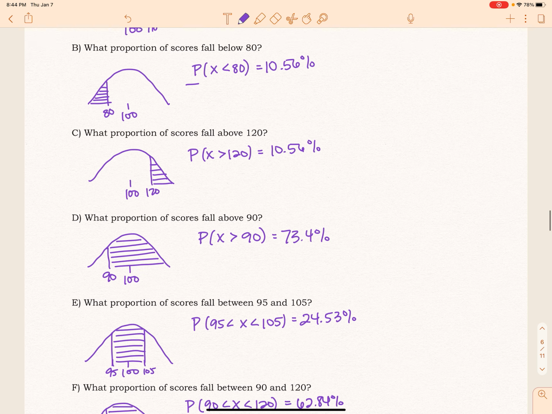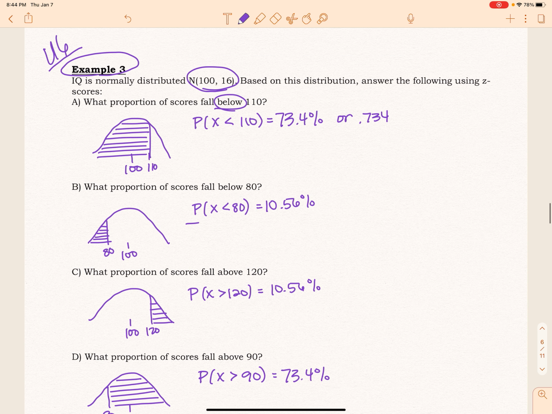Okay, that's about as easy as these problems are ever going to be. This is not the only way you can find the answers for these, and there's actually two more ways. You can use a calculator or the chart, and I'm going to show you how to use the chart in another video. Otherwise, this one will be too long.